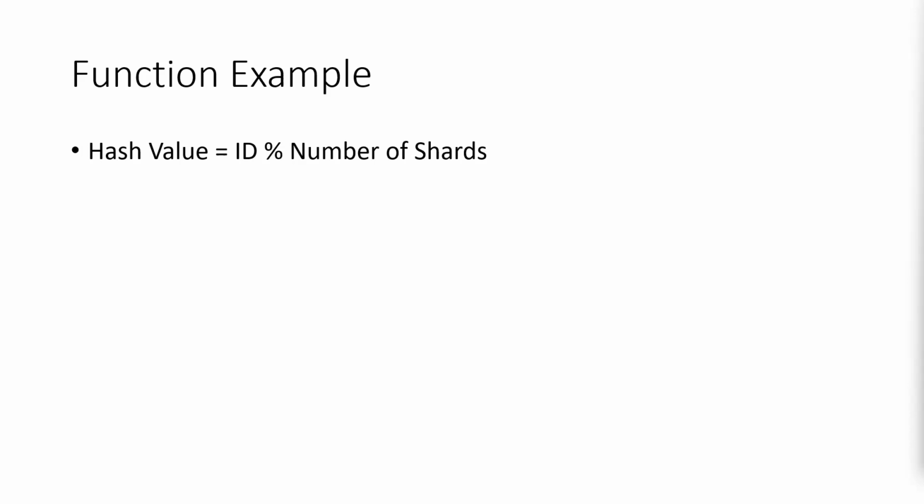It's very similar to range-based sharding. That means this determines the allocation of the record to a given shard. And when you use hashing, it allows a more even distribution.